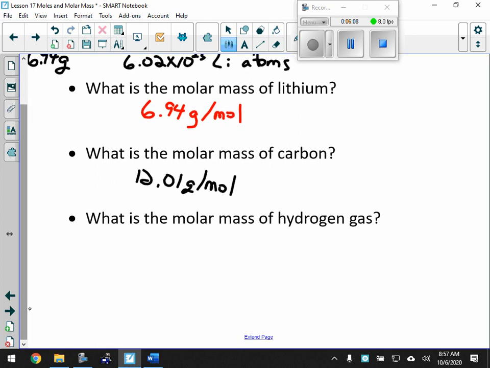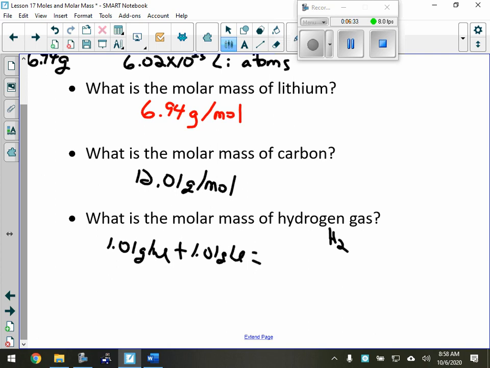What do I have to remember about hydrogen gas? Yeah, they come in twos, right? So when we talk about hydrogen gas, or fluorine gas, or nitrogen, or oxygen, or chlorine, we have to remember that they come in twos. So it's 1.01 grams per mole for one of them, and 1.01 for the other one, yes?